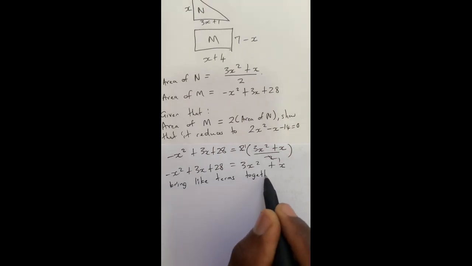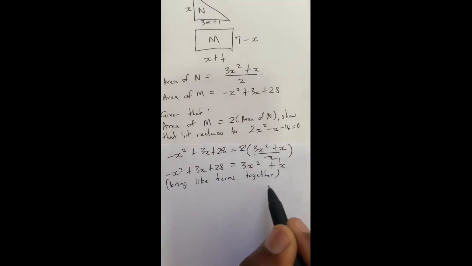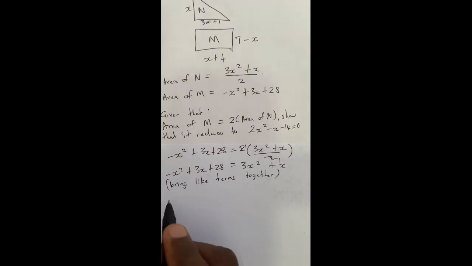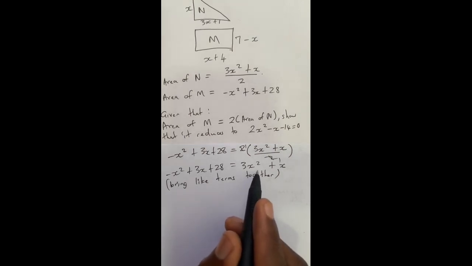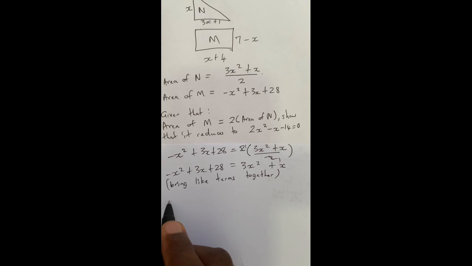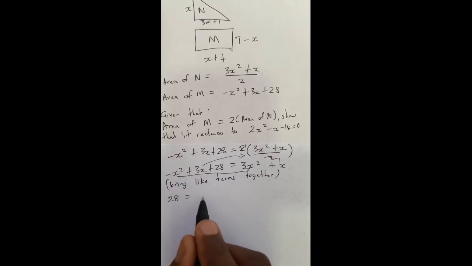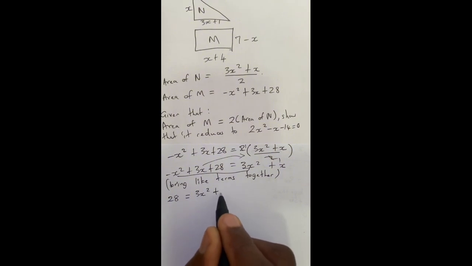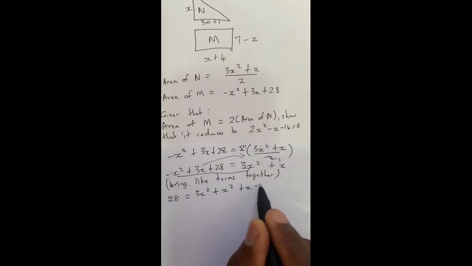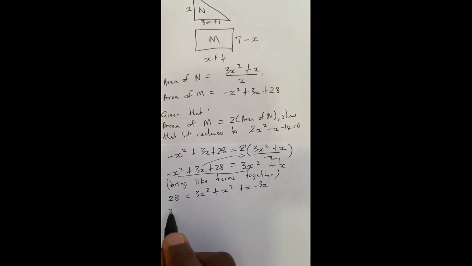Then we bring the like terms together on one side. So let's bring the terms with x squared and x on one side. So that will give us minus x squared and 3x squared. We're going to remain with 28 this side and put all the terms with x on the other side: 3x squared plus x squared, plus x minus 3x.